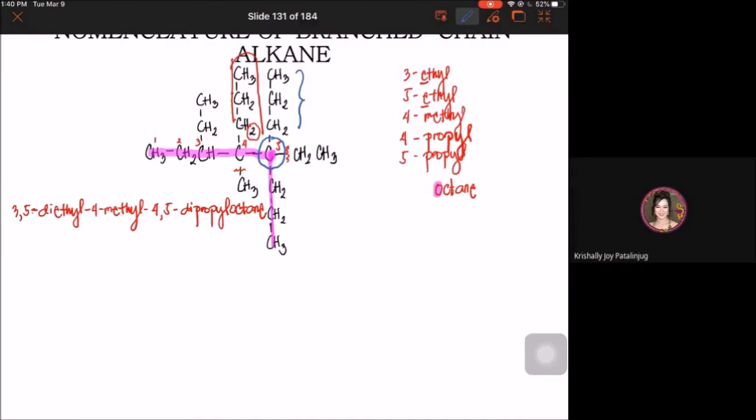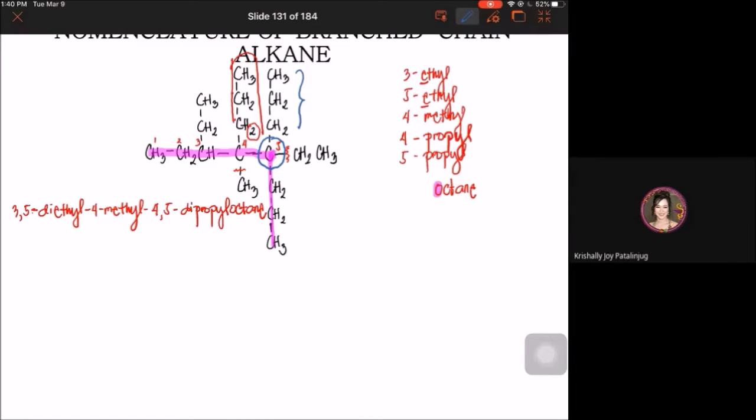Diba? Isa na yung branch. That is already a branch. That is already propyl in that part, a substituent. Specifically, it is a straight chain alkyl group na substituent.